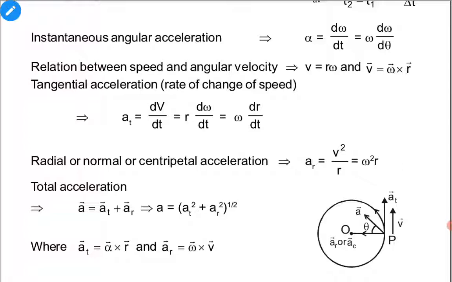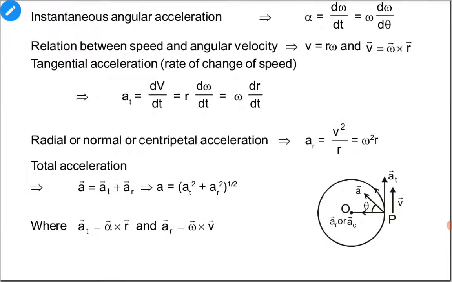R is the radius, omega is the angular velocity and v is the tangential velocity. Tangential acceleration, rate of change of the speed, at equals dv upon dt, equals r into d omega upon dt.